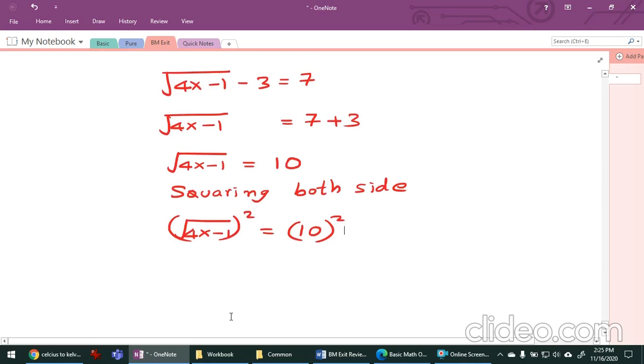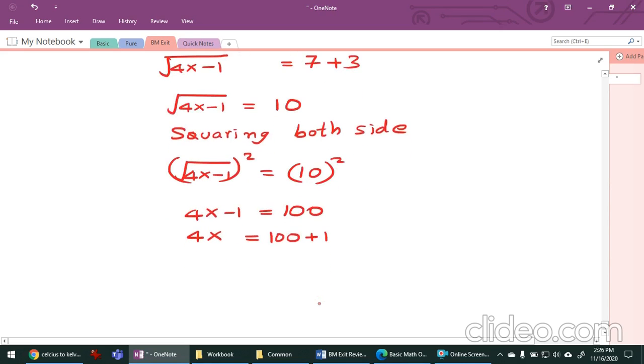The square and square root will cancel. What is there? Only 4x minus 1 equal to, what is 10 square? 10 times 10 is 100. So 4x equal to 100 plus 1. I will take this minus 1 to the right side, it will become plus 1. Then 4x equal to 101. So now what is x? 101 by 4.